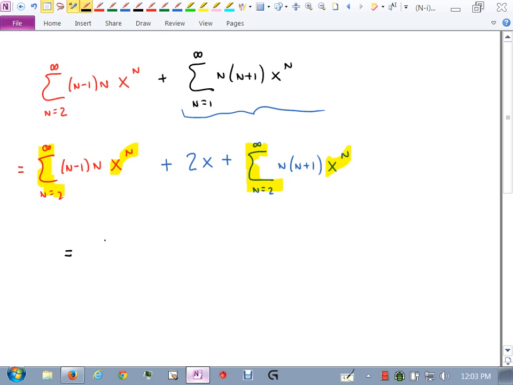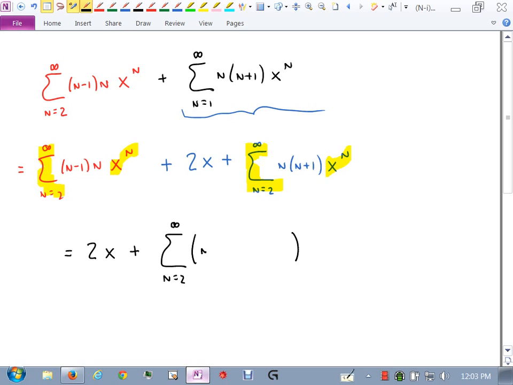So I'll have sum. Let me put the 2x first. 2x plus sum n equals 2 to infinity of, put those two together, added to this over here, and factor out an x to the n. And what would you have?